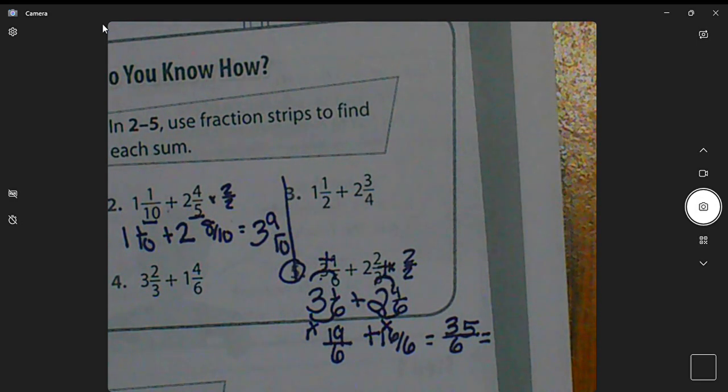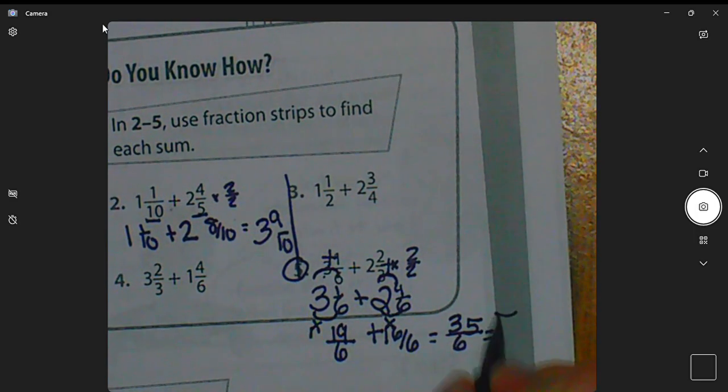I can only have 6 pieces total before I make a whole number. So, next question. How many 6s fit inside of 35 without going over? Yeah, 5. And now my denominator is 6.